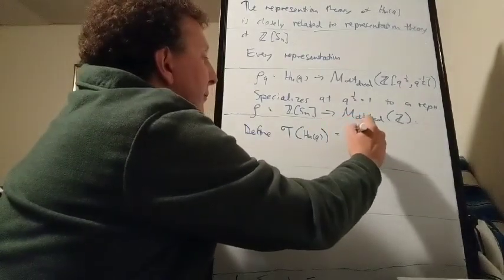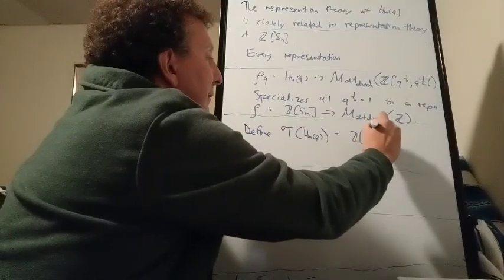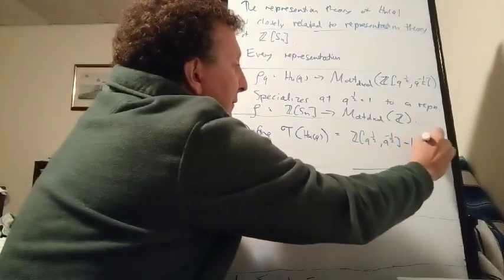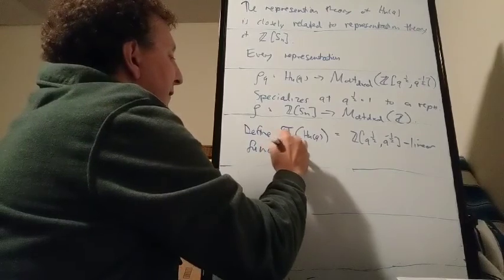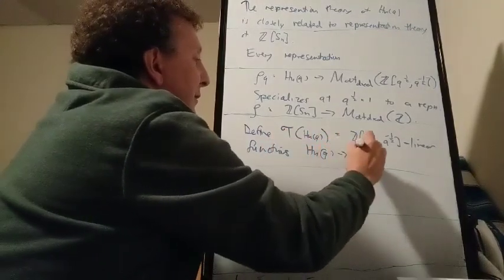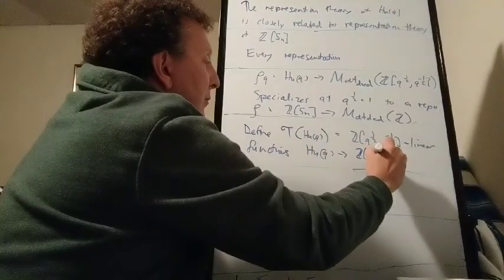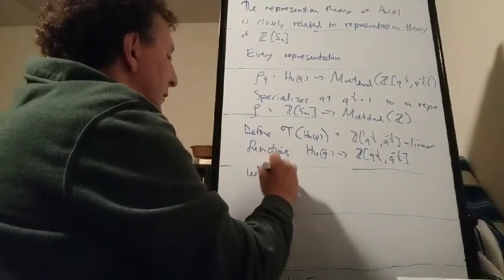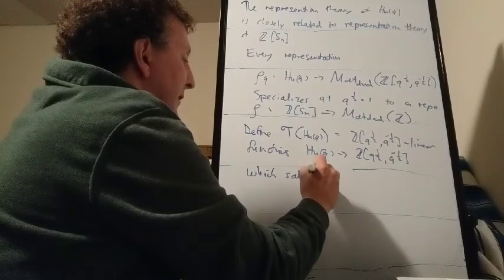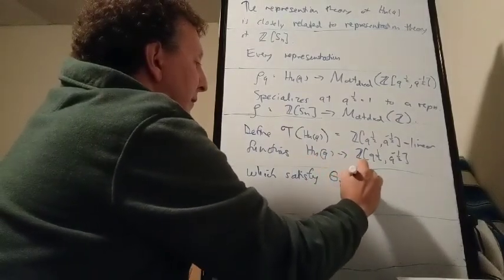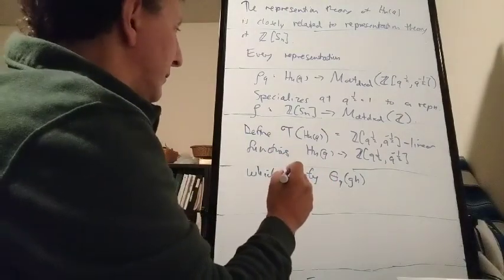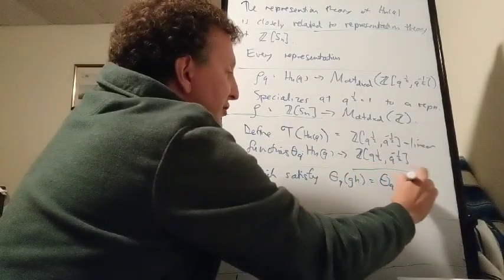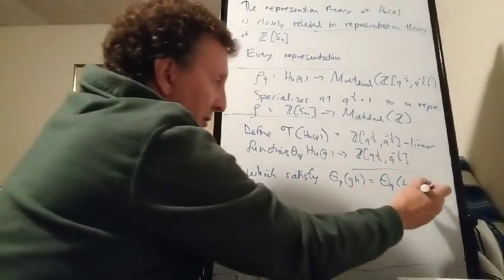So these are all the Z[root q, 1 over root q] linear functions from the Hecke algebra to Z[root q, 1 over root q], which satisfy, so the functions theta q, which satisfy theta q of gh equals theta q of hg. So when we apply it to a product, it doesn't matter which order we apply it to.